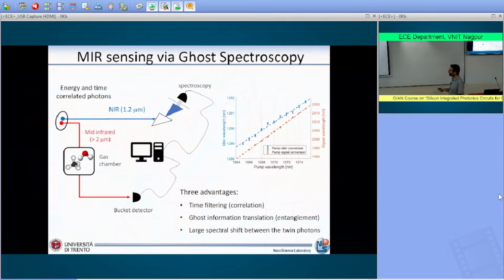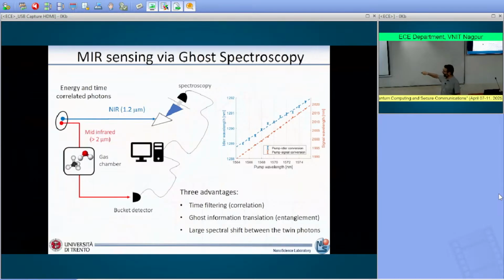So the technique is called ghost spectroscopy. This is quite a funny technique by which you are doing the spectroscopy on a photon that didn't interact with the gas that you are looking at. In this technique, you are doing a spectral measurement on a photon in an entangled photon pair, while the other photon in the pair is interacting with the gas.